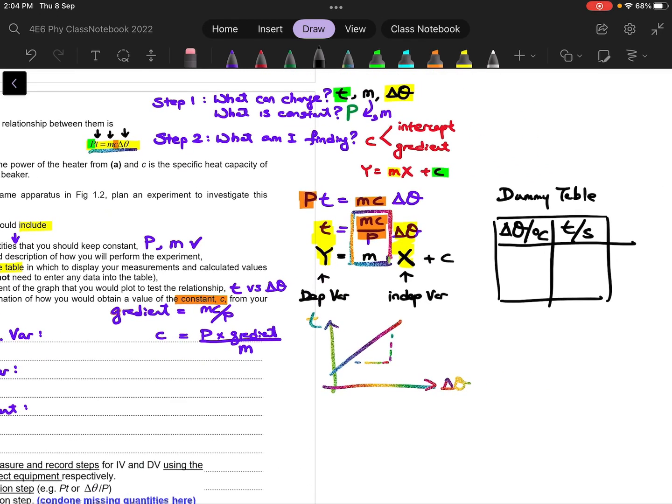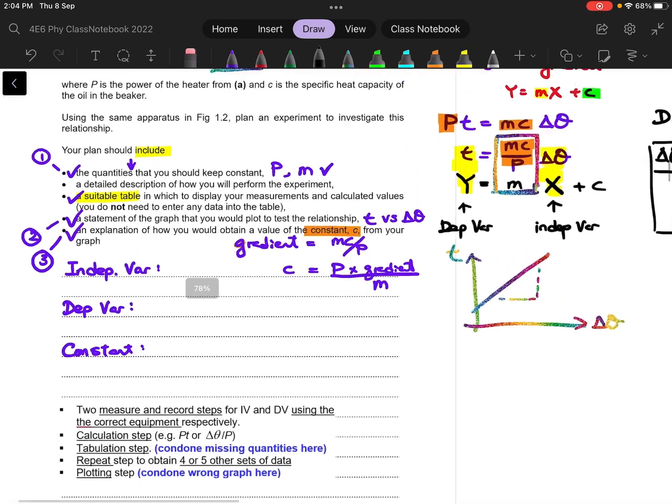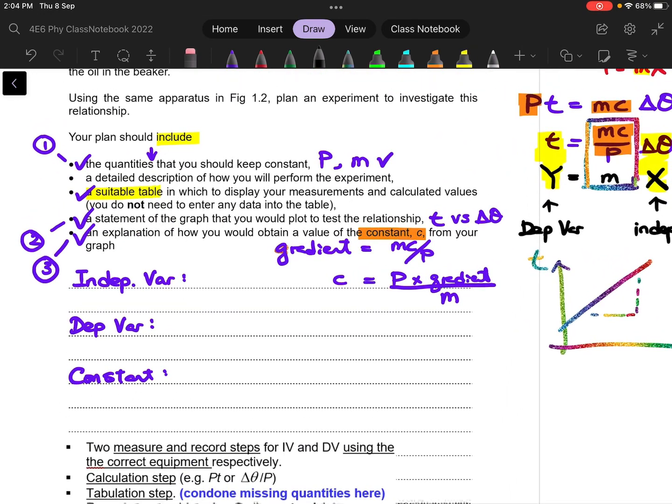So if I run out of time, I will just document all these things that I have done into my planning. But for the sake of going through, we are going to complete this, right? We are going to do it whole. So the independent variable, like I said, we have done it, right? We want temperature change to be my independent variable.